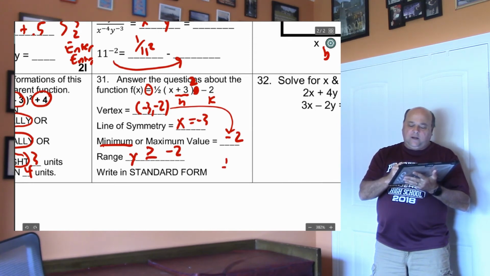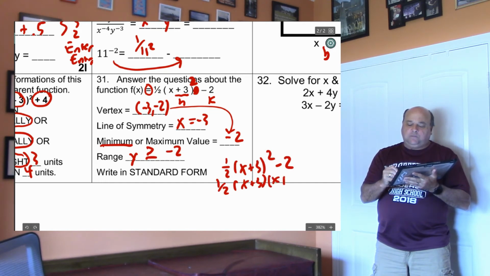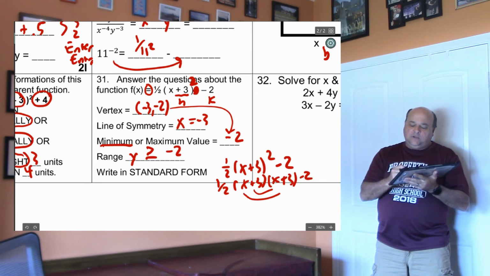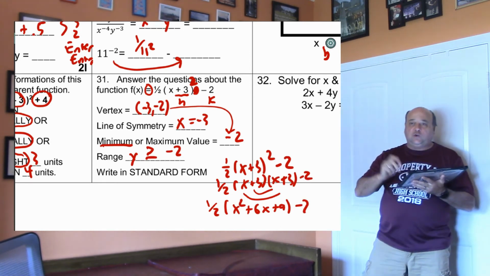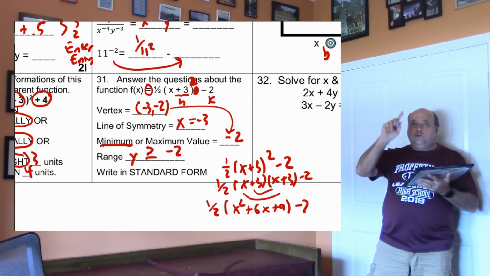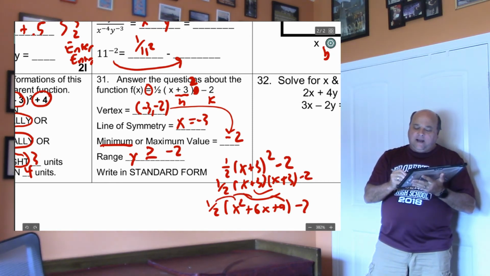So we're going to have 1/2 parentheses x plus 3 squared minus 2. We've got to do x plus 3 times x plus 3, don't we? So I'm going to write down x plus 3 twice, and then I'm going to do the full. So we're going to have 1/2 parentheses x squared plus 6x plus 9 minus 2. Remember also, you can square, square, multiply, double. Then I'm going to distribute the 1/2.